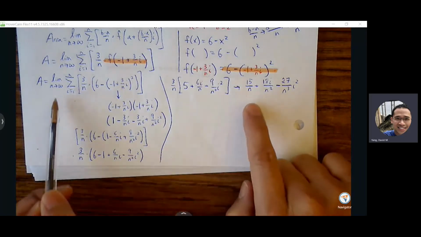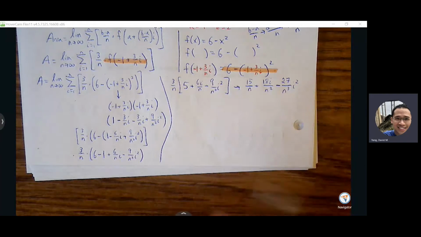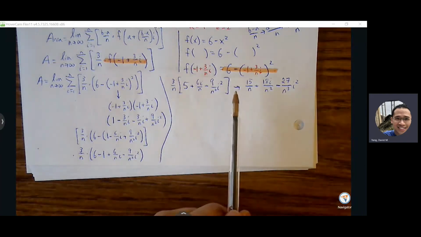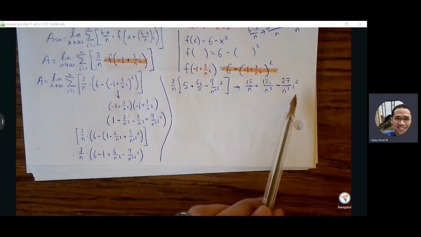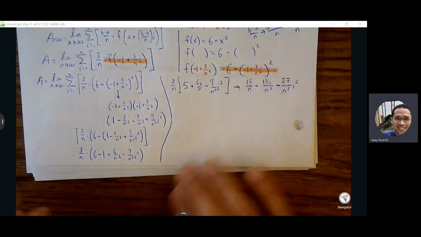And now we just want every term to have a summation. And then while I'm doing that, I'm also going to start separating the parts, right? I only want either summation of 1, summation of i, or summation of i squared, because those are the summation formulas I want to involve.